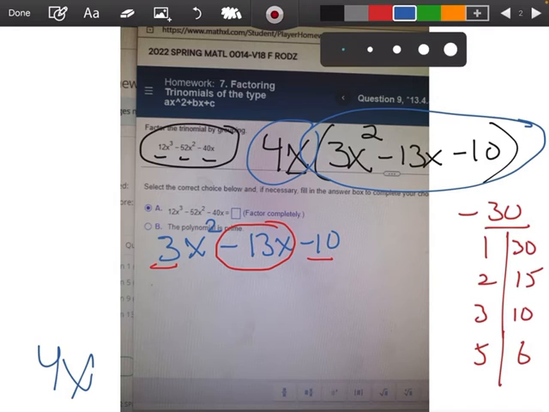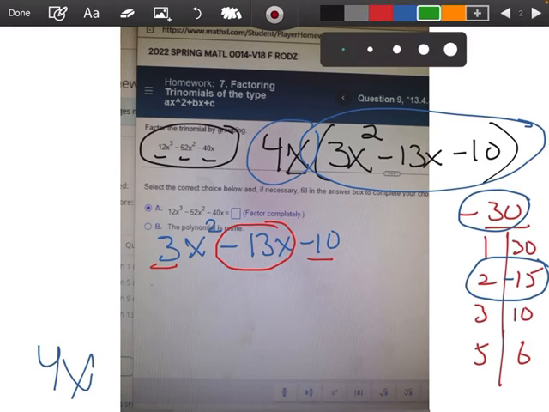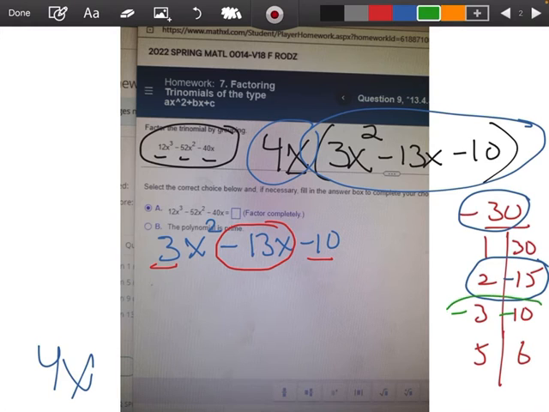So if I make that 15 negative, and I multiply them, I'm going to get a negative 30, right? And if I add them straight across, I'm going to get a negative 13. Now, you might be thinking, why couldn't we use these numbers and get a negative 13? Because if I multiply a negative times another negative, I would end up with a positive 30.